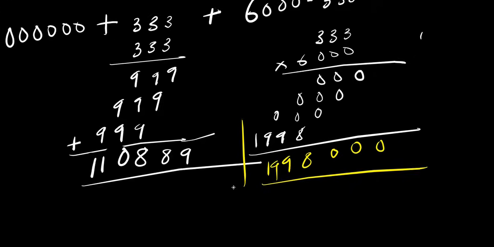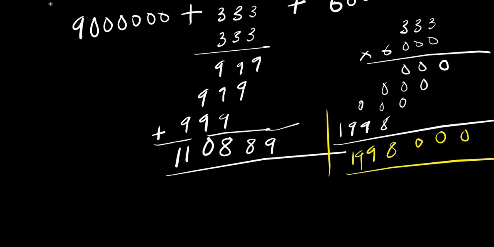So at the end of it all, we are going to add all this together. This is 9 million. This is 110,889. And this is 1,998,000.